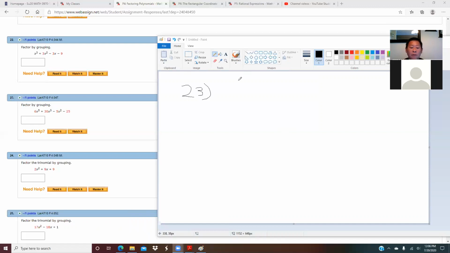And now we'll talk about what to study. So we're doing 6x to the 5 plus 30x cubed minus 5x squared minus 25.